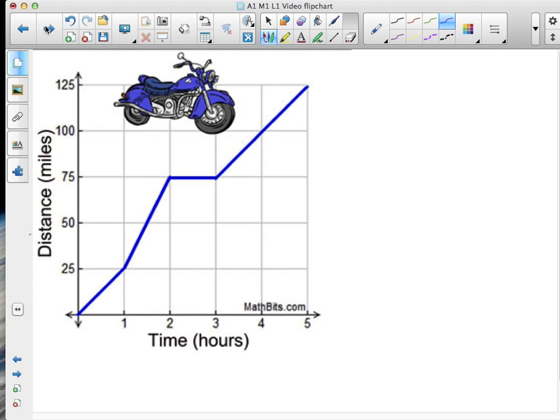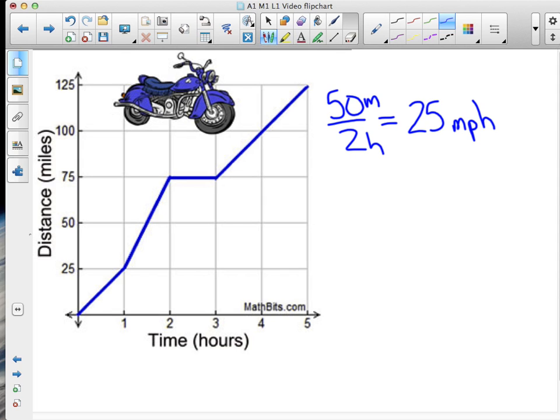And from hours 3 to 5, where it's steadily increasing, they have gone from 75 miles to 125 miles, which is 50 miles in 2 hours. And if they have gone 50 miles in 2 hours, then they have gone 25 miles per hour, the same as the first hour of the trip.